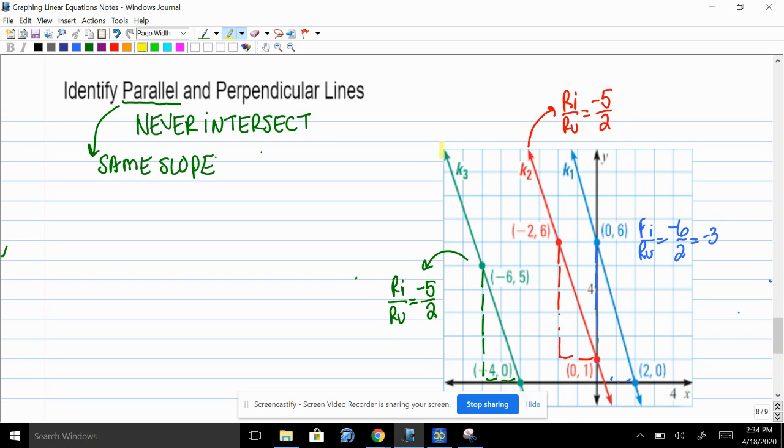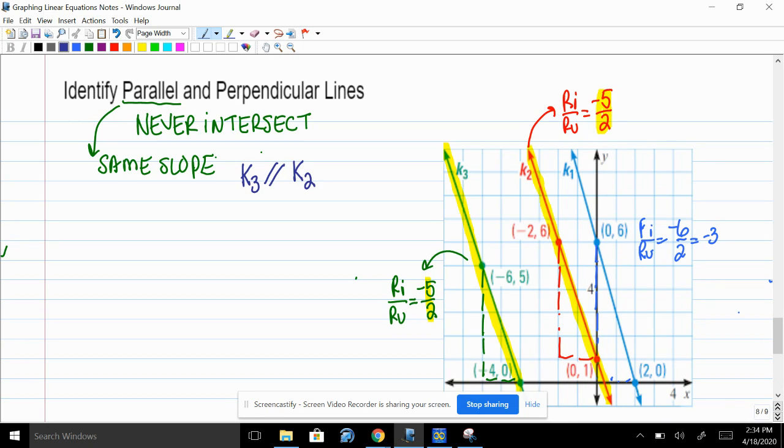So the green line, which had a slope of -5 over 2, is going to be parallel to the red line, which also had a slope of -5 over 2. So what we're going to say over here to the side is that K3 is parallel to K2.